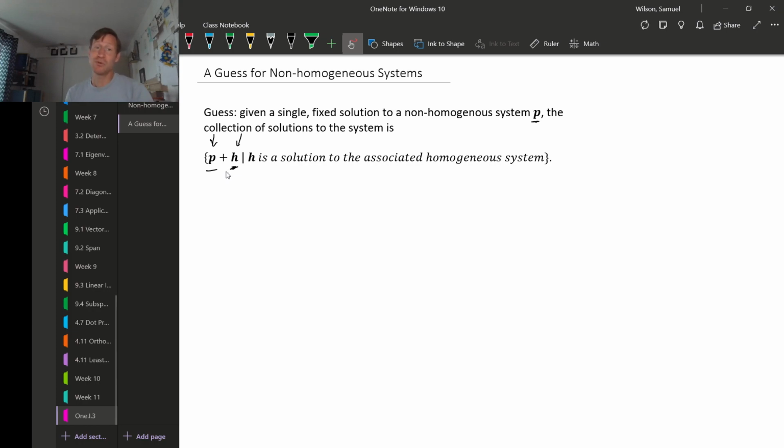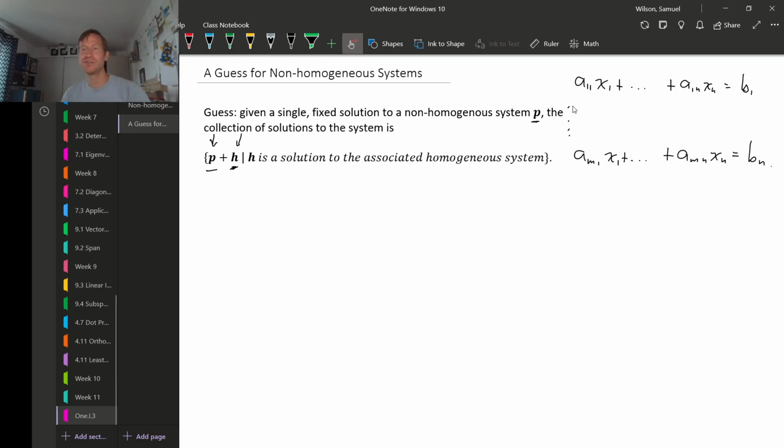So there are actually two things that we'll have to check. Really, we're checking two set inclusions. Is this set contained in this set of solutions, and is the set of solutions contained in this set? To do this, we should actually write out what our system looks like. It's going to be a11 x1 plus ... down to a1n xn equals b1, down to am1 x1 plus ... down to amn xn equals bm.